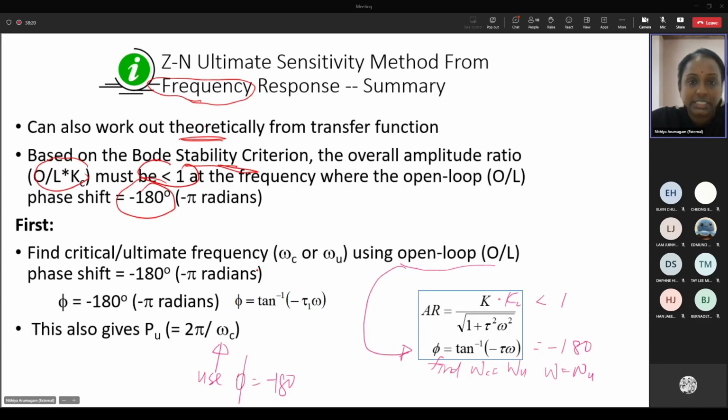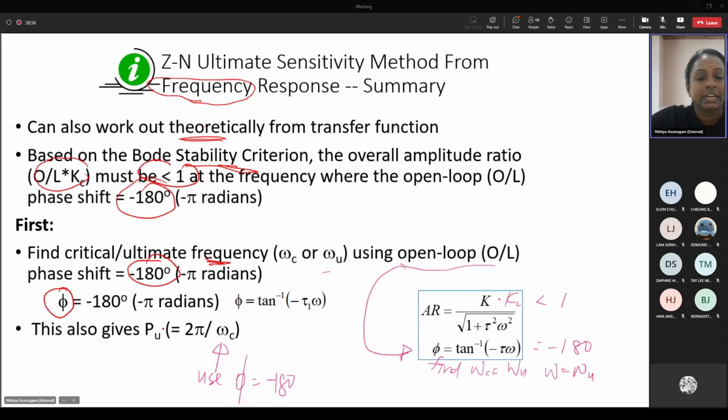The first step for the theoretical response analysis under the Ziegler-Nichols method is to find the critical frequency and ultimate frequency using the open loop phase shift. The phase shift is expressed as negative 180 degrees, so with that I can calculate the angle.